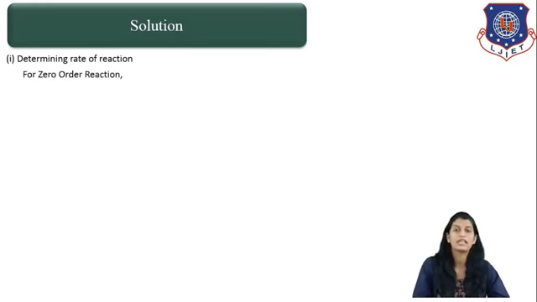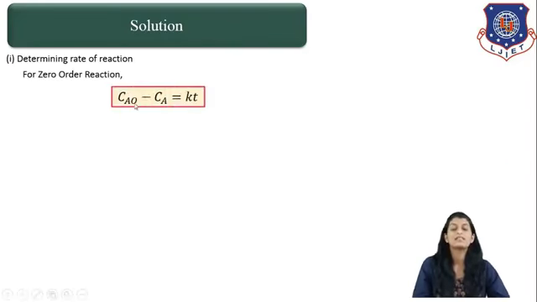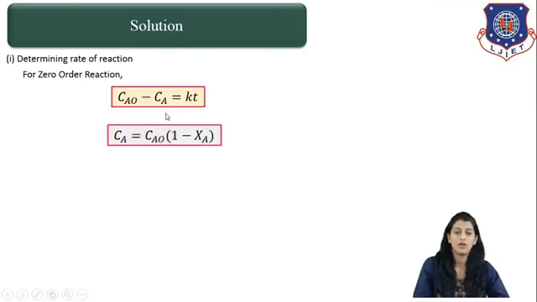So for zero order reaction, we know that the given formula is Ca0 minus Ca equals Kt. We are having the value of Ca0, we are having the value of t, but we don't know the Ca value and K value, right? So first let us calculate the value of Ca.